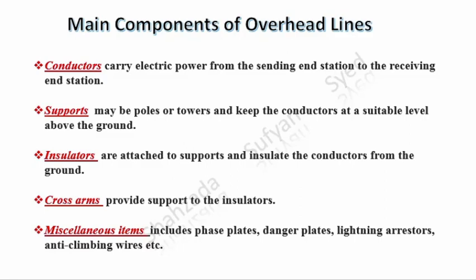Cross arms are connected with the tower, and on the cross arms the insulator string is attached, and below the insulator string the conductor is attached. And the miscellaneous items on a transmission line can be phase plates, danger plates, lightning arresters, or anti-climbing wires.